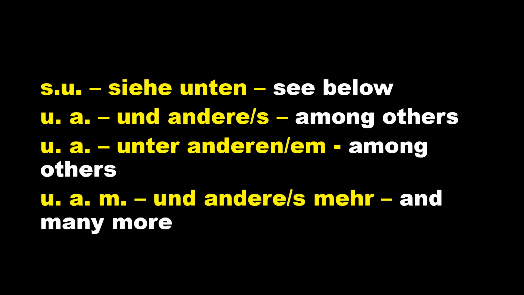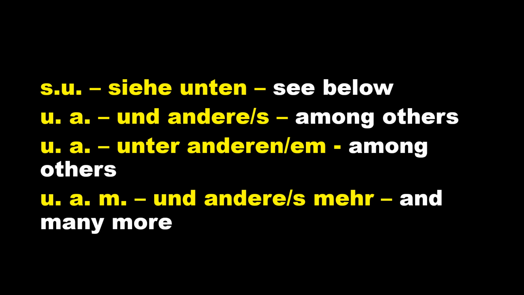Next one is also UA, but it has a different long form: unter anderen, oder unter anderem, depending on the context or the case. Maybe accusative anderen and dative anderem. In English, again, the meaning is the same, among others. Next one is UAM, which stands for und andere, oder und anderes, mehr, and many more.